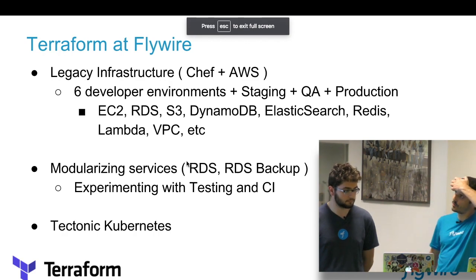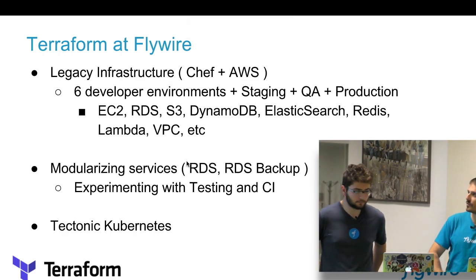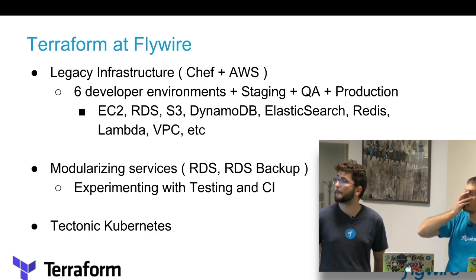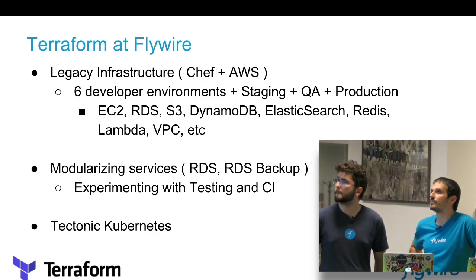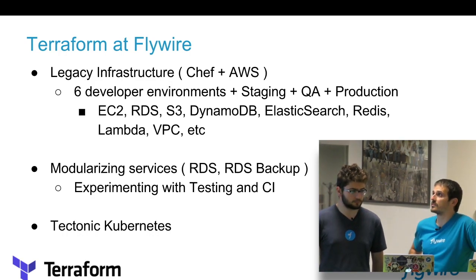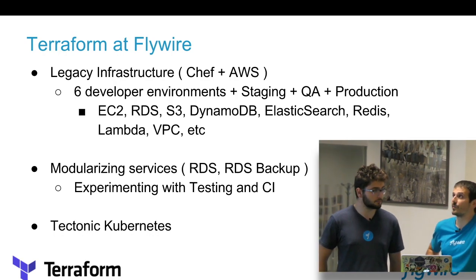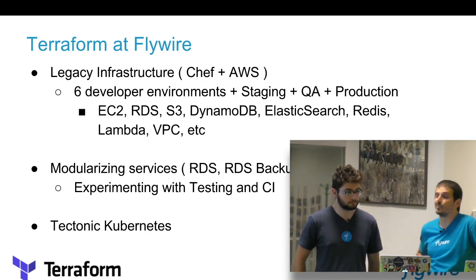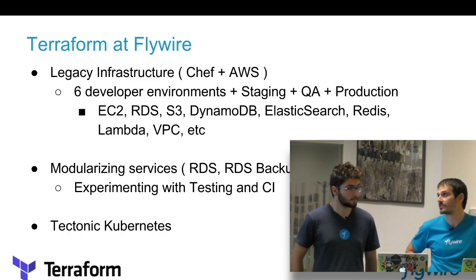So, okay, how are we using Terraform at Flywire? To give you some context, we have been using it for 2 years. Our legacy infrastructure is using Chef and AWS with homebrew scripts.